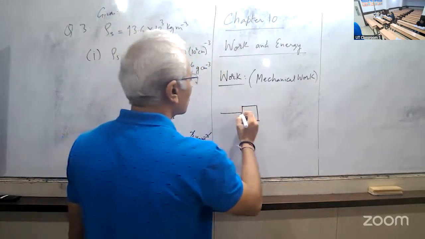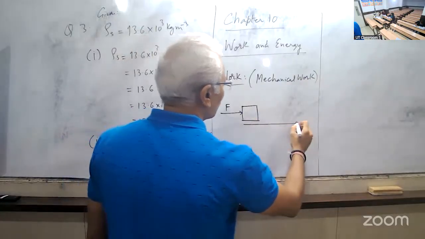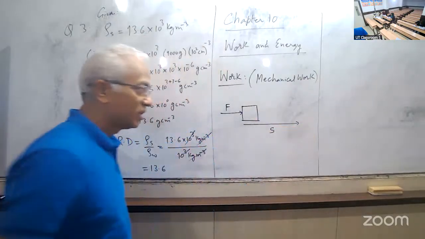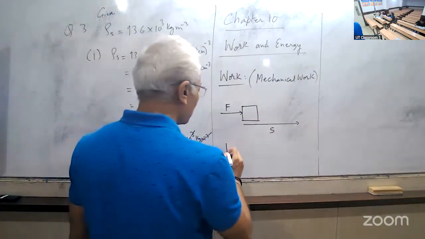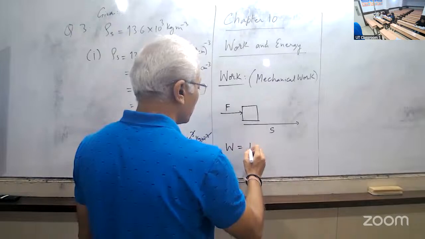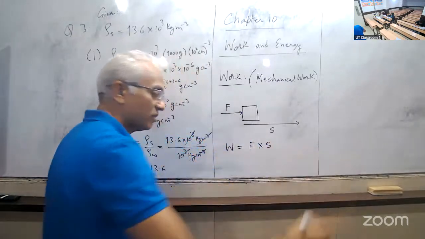Okay. So let us say some force F is applied, which causes this body to move by displacement S. Then we define work as product of force and the displacement in its direction.